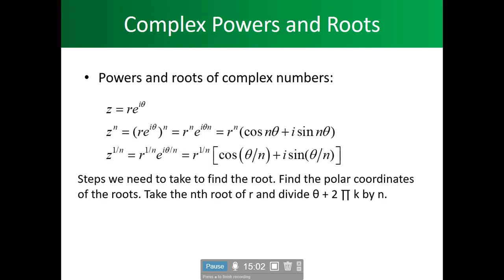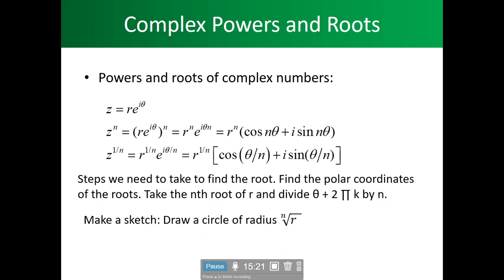Okay, we have steps we need to take when we're finding roots, as we've been walking you through them. Find the polar coordinates of the root, take the nth root of r, and divide theta plus 2 pi k by n.